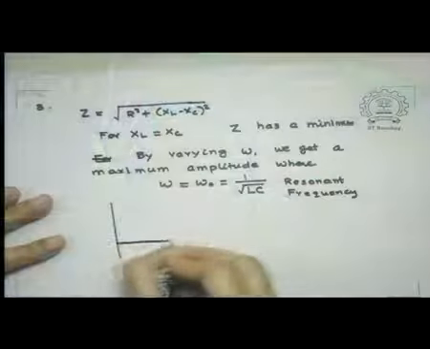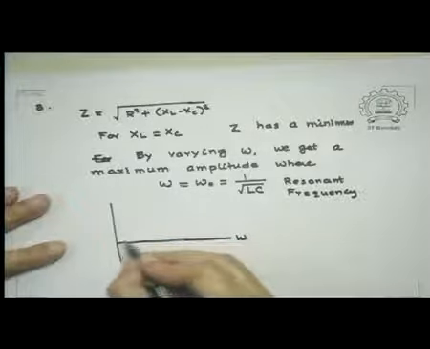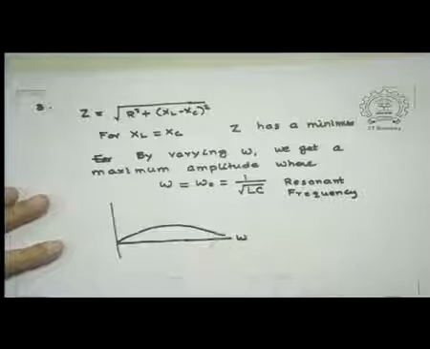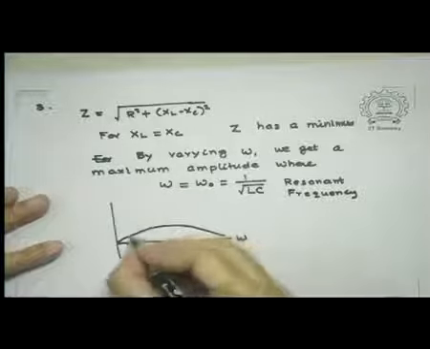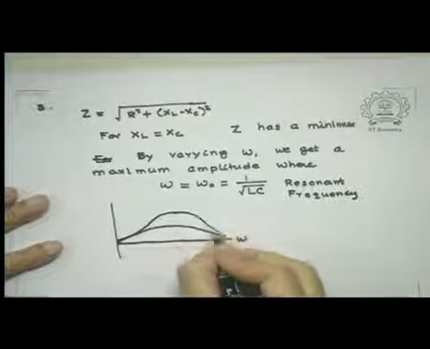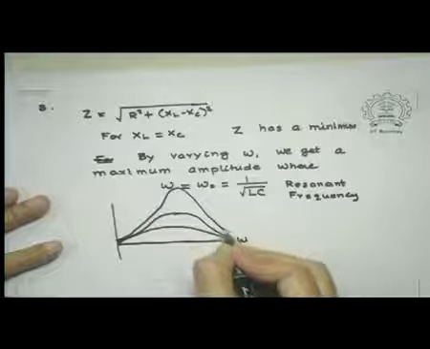And what we found is that the lower the resistance is, the sharper is the peak. So the pictures were something like this. This is against omega. So for high values of R, you have a rather flattish curve. As you decrease R, this is the type of thing that you get, and further decrease of R gives you a still sharper peak.